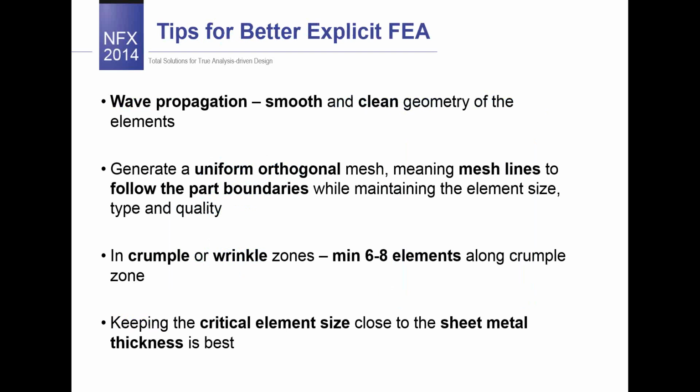In regard to wave propagation, it's always good to have smooth and clean geometry of your elements. You have to avoid small distorted elements which can control the critical time step. It will be good to generate a uniform orthogonal mesh. I'm talking about 3D meshing and 2D meshing.